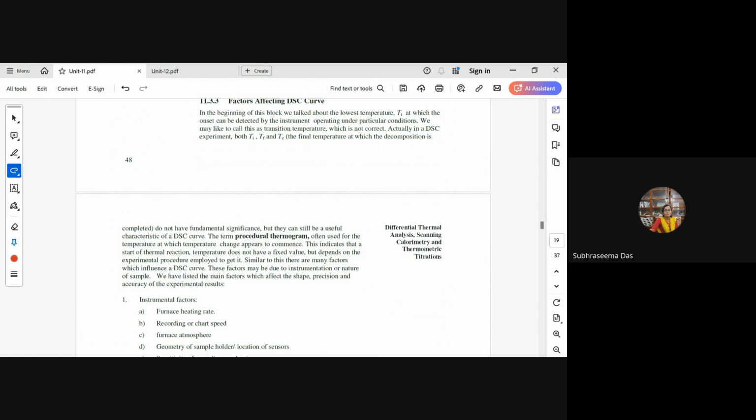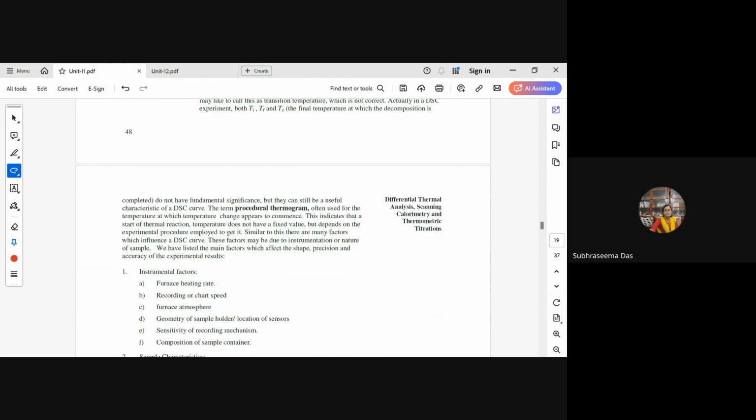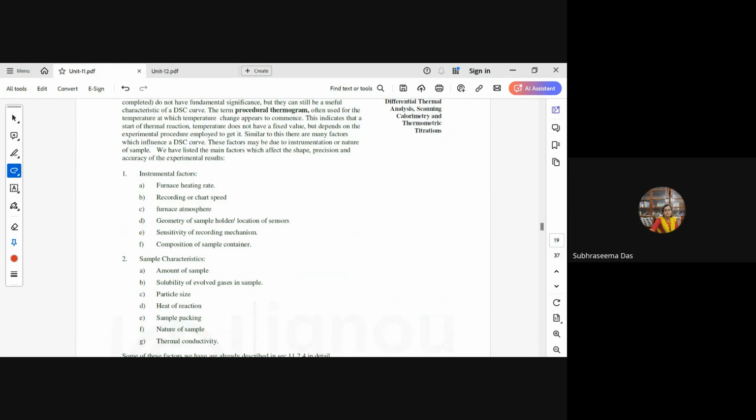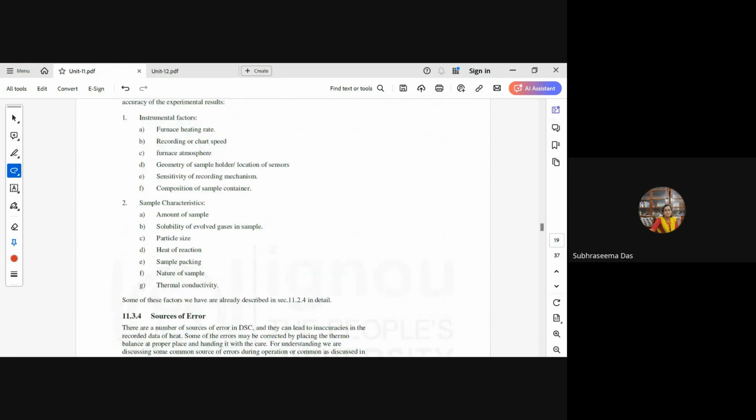Similarly, there are many factors which influence the temperature and the corresponding DSC plot. The main factors which affect the shape, precision, and accuracy of a DSC curve have been categorized as instrumental factors and sample factors. The instrumental factors comprise the heating rate, the recording, the furnace atmosphere, the geometry of the sample holder or the location of the thermocouple sensors, the sensitivity of the recorder, and the composition of the sample container.